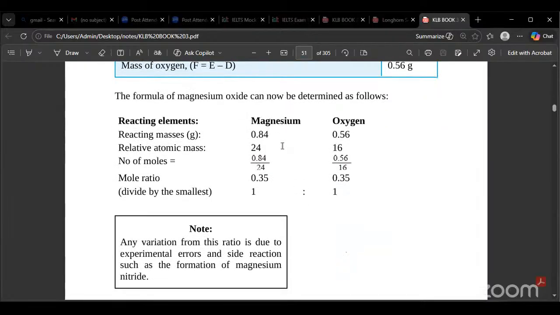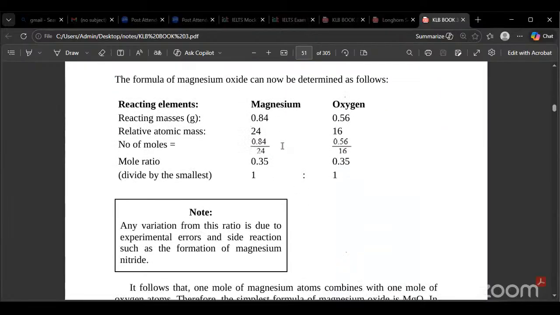This one now. Okay, getting the mole ratio. So you have said we take the mass over the relative atomic mass.